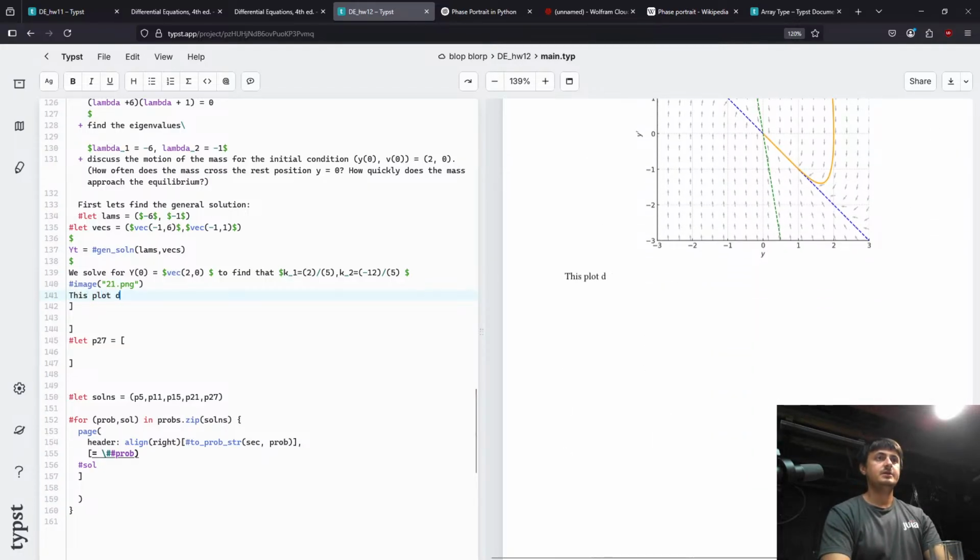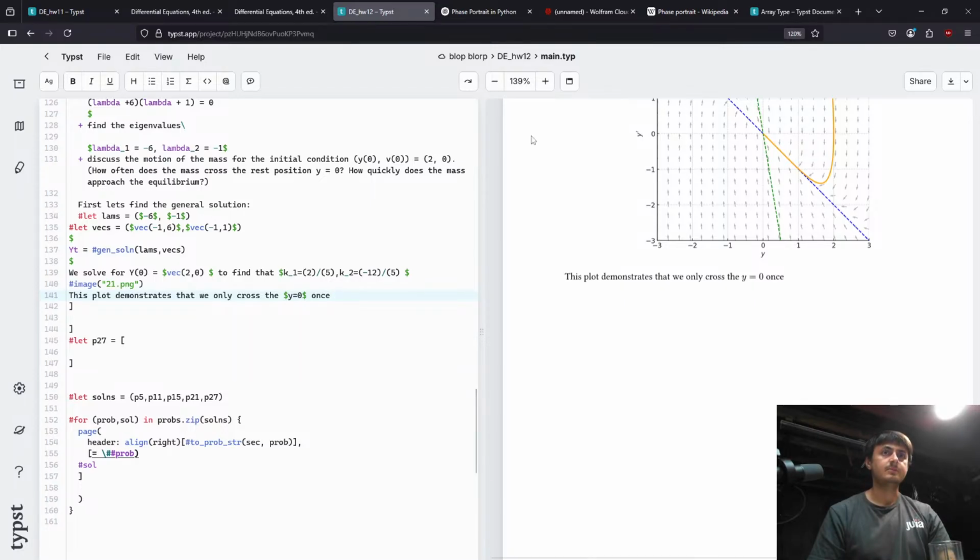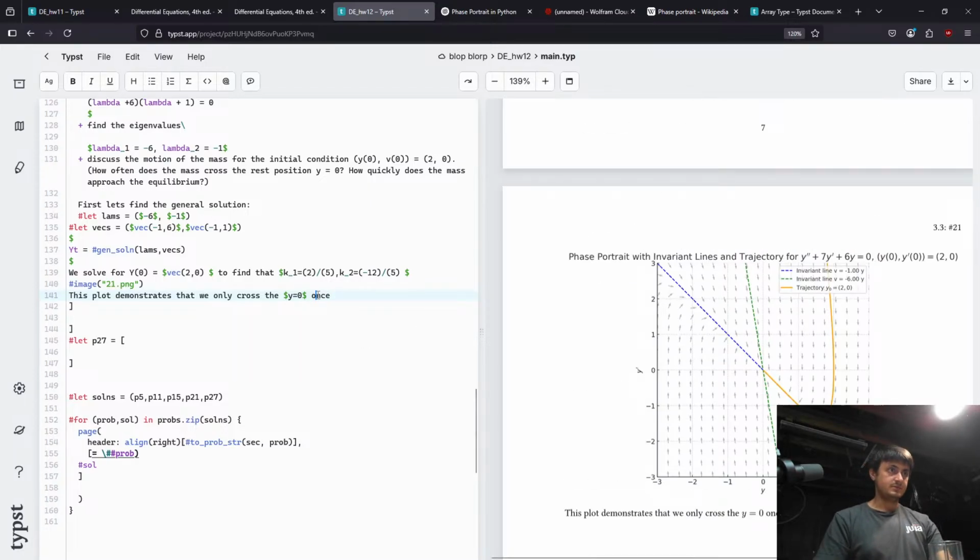This plot demonstrates that we only cross the y equal to 0 once. Or no, 0 times. 0 times.